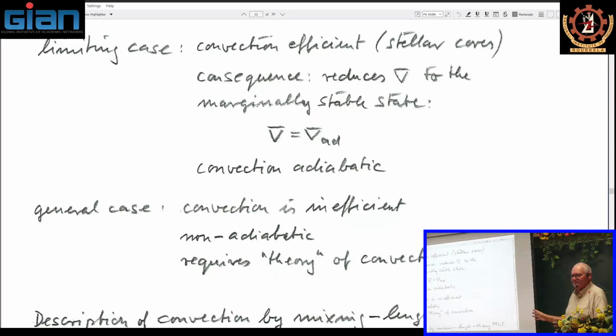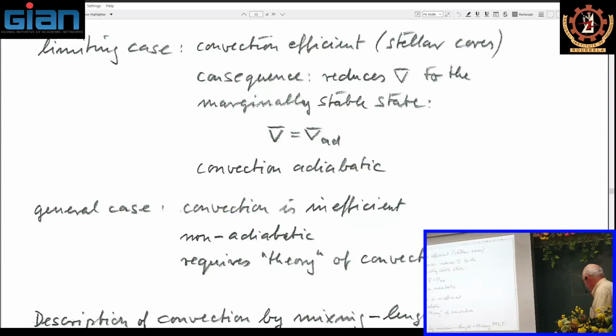So this mixing length is the parameter of the theory. There is a parameter which measures this mixing length in terms of the pressure scale height within your configuration.